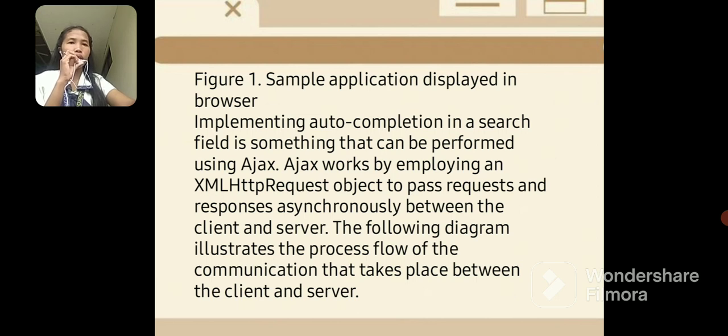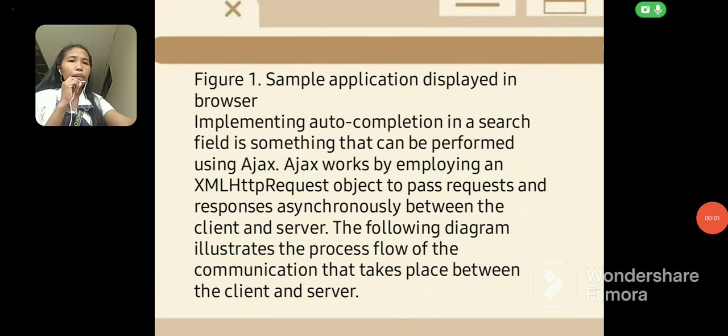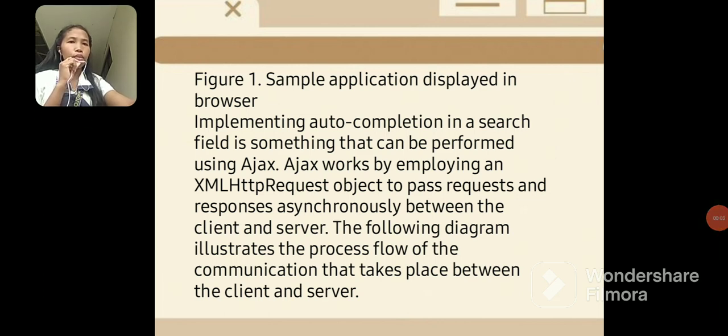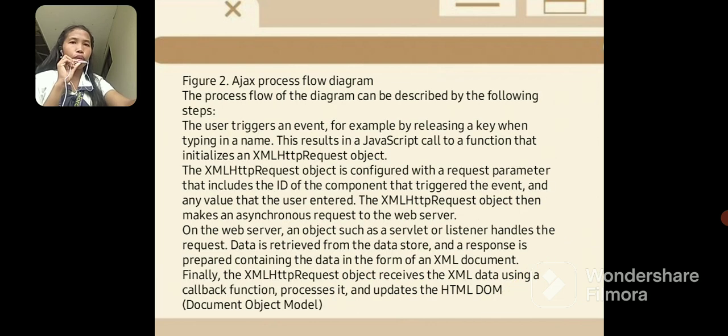Implementing auto-completion in a search field is something that can be performed using Ajax. Ajax works by employing an XMLHttpRequest object to pass requests and responses asynchronously between the client and server.